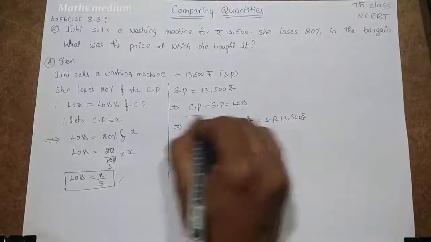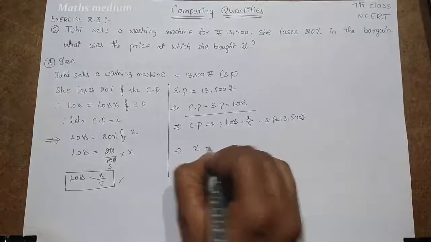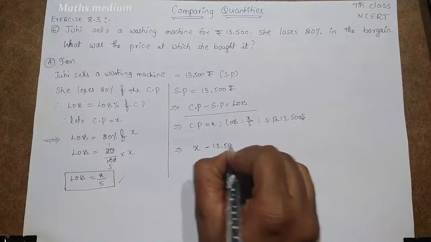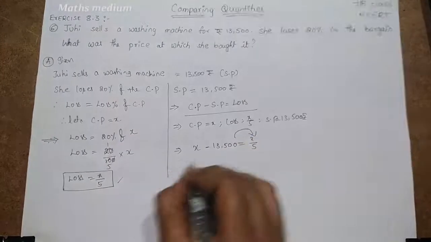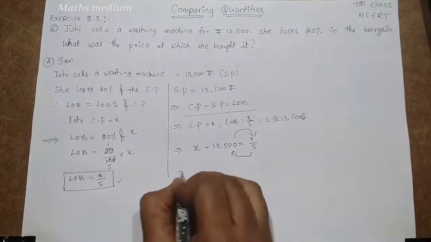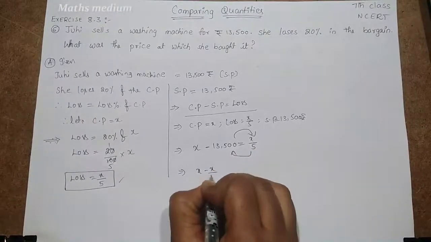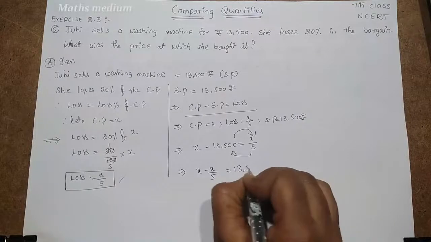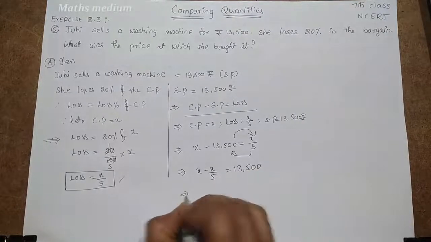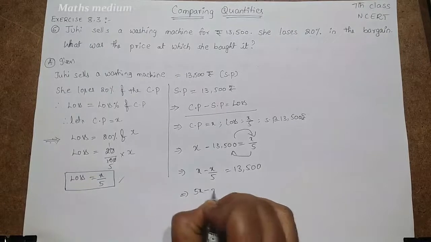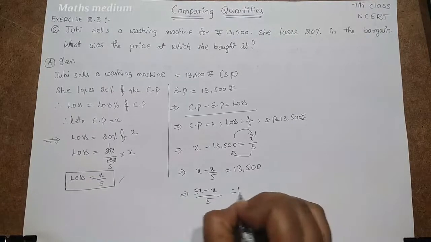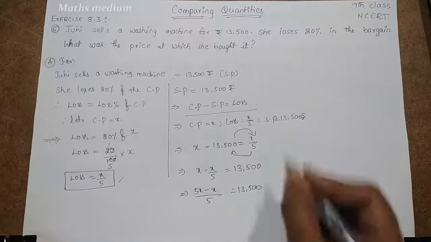Now by using this formula, X minus 13,500 equal to X by 5. By interchanging these two, X minus X by 5 is equal to 13,500 rupees. Now take the LCM here. 5X minus X by 5 is equal to 13,500 rupees.